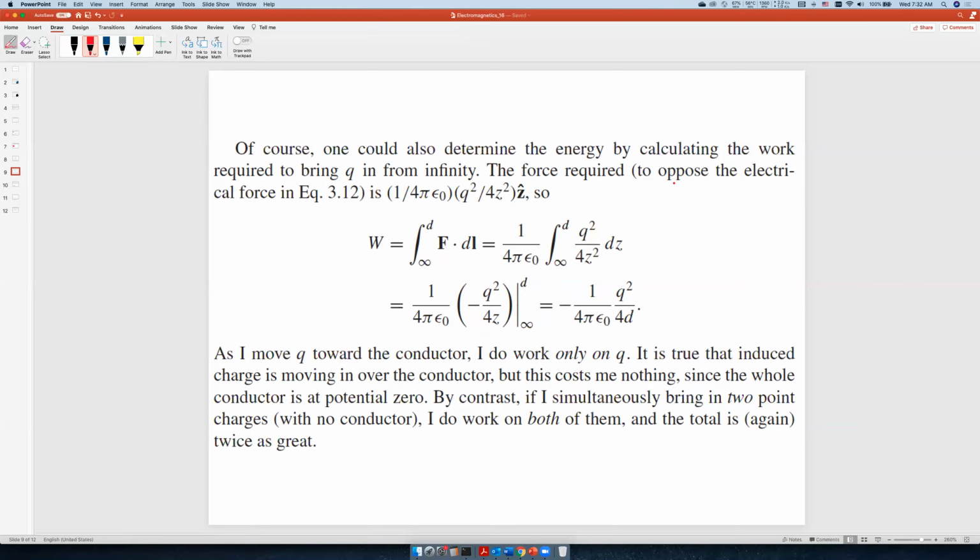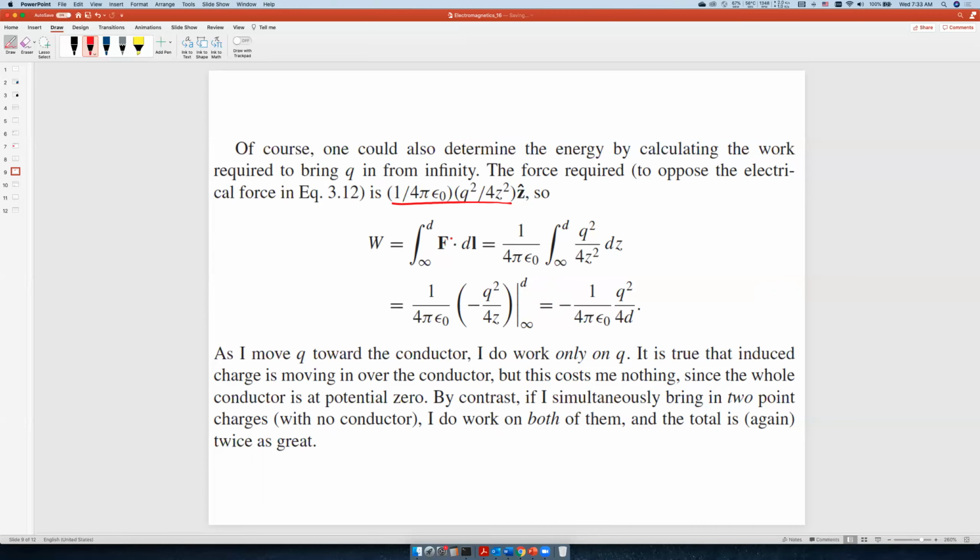The force required can be calculated using equation 3.12, which is shown here. This is the force. So the work can be calculated by an integral from the infinitely far away position to your concerned position, let's say the distance between your position and the origin is d.